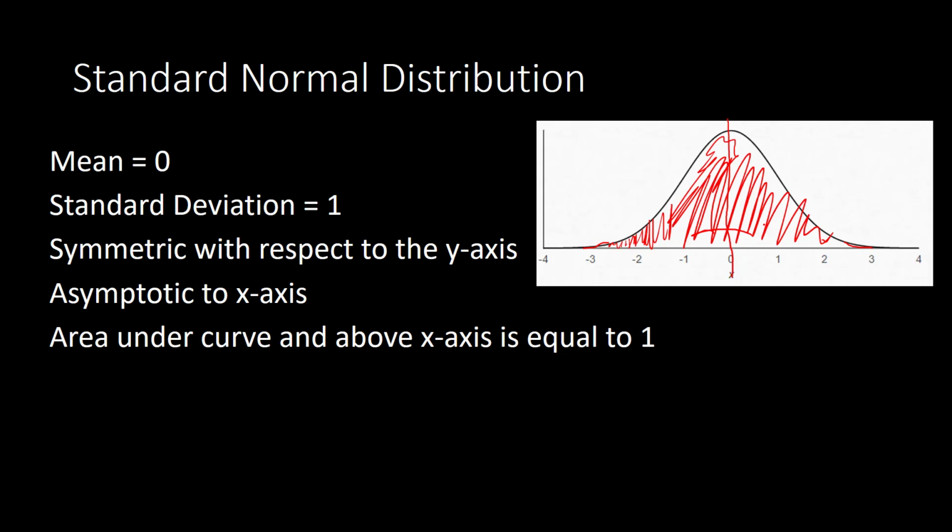Now you might be asking, well, why do we need to know how to use a table with a standard normal when most scenarios in life would not be a standard normal distribution? Well, the reason is because at the end of this lesson, we'll show you how to convert into a standard normal so that we can analyze the data using the table.